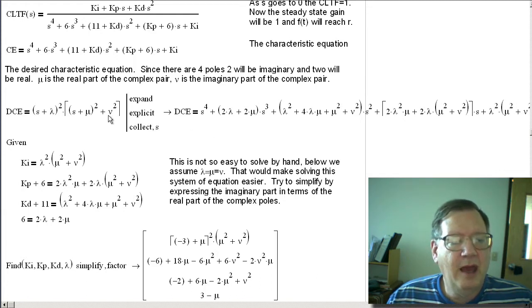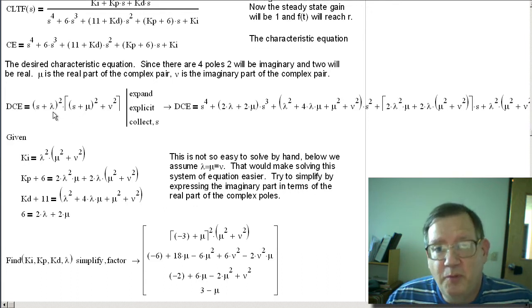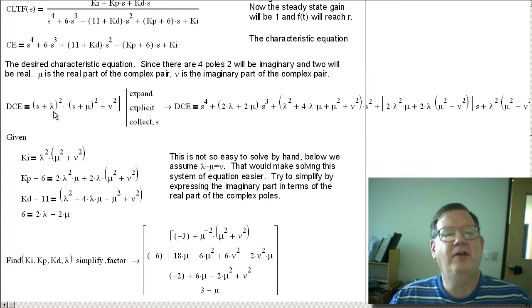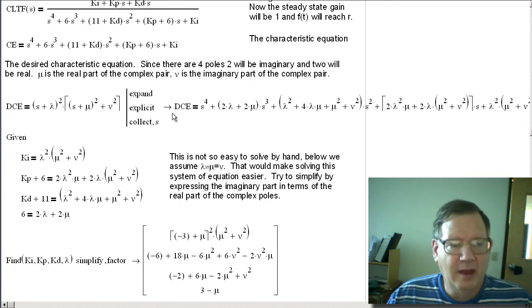And we can't place all the poles on the negative real axis because we don't have 4 gains. But we can have 2 poles on the negative real axis, and then we can have a complex pair of poles that we can place.